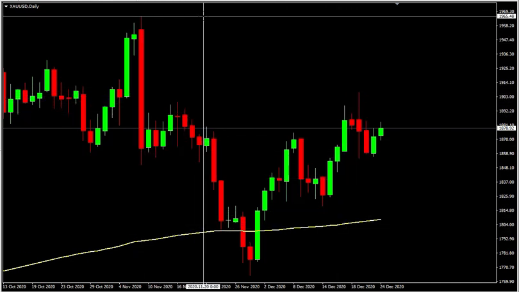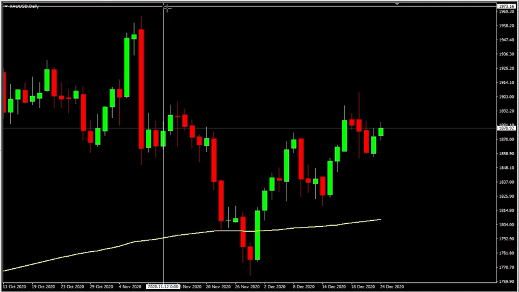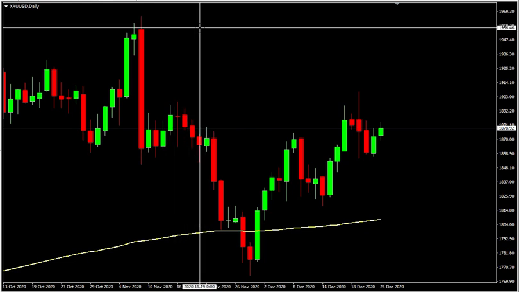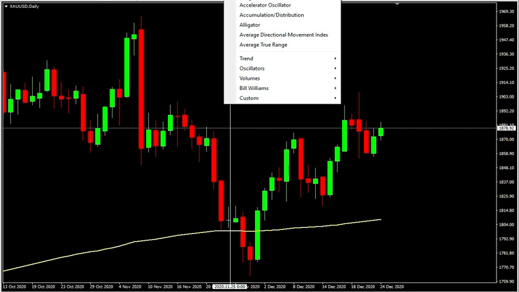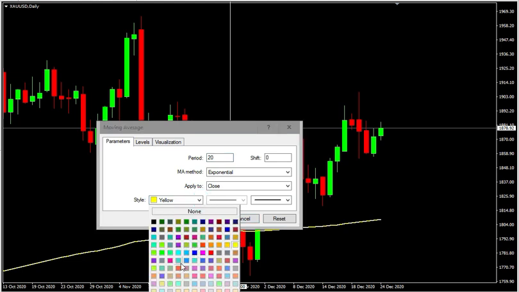Now, to find out about when the uptrend started, we're going to put in one more moving average, which is the period 20, and give it a different color.